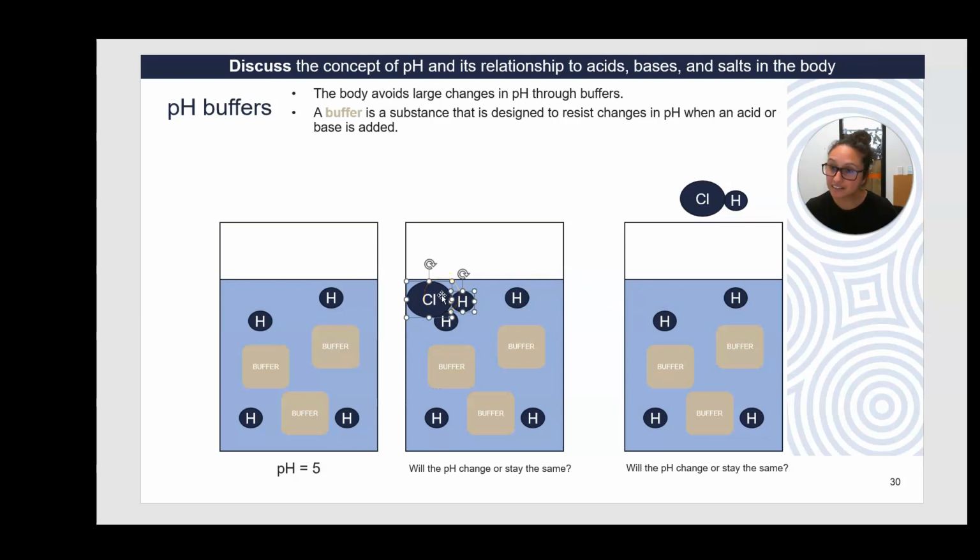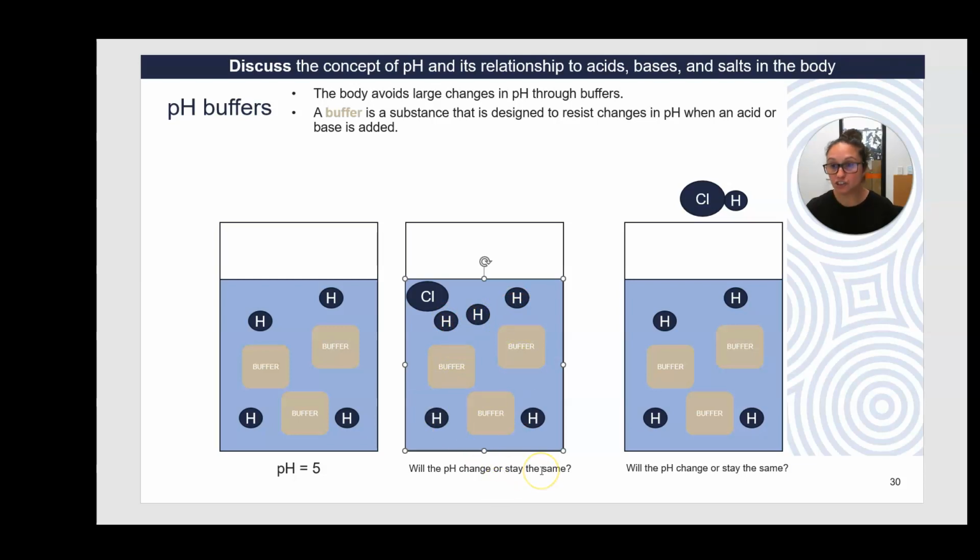Now, what do acids do? Acids break apart and let go of a hydrogen. Isn't that right? Yep, so let me just grab that guy there, because that's what acids do. They break apart and release their hydrogens. That's what makes them an acid. Now instead of having 1, 2, 3, 4 hydrogen ions, I have 1, 2, 3, 4, 5.